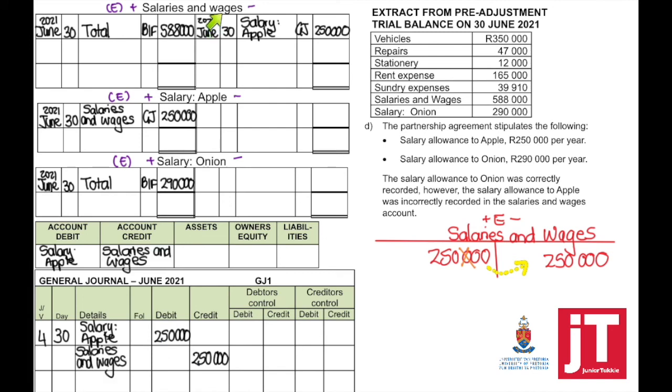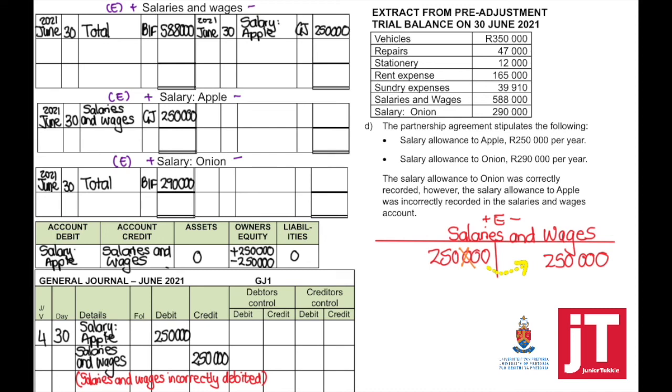Account credited, salaries and wages with 250,000. Effect on the accounting equation, assets 0, salaries and wages, because my expense decreases, it will have a positive effect. Salary Apple, because my expense increases, it will have a negative effect. Liabilities, nothing. Narration in my general journal, salaries and wages incorrectly debited.